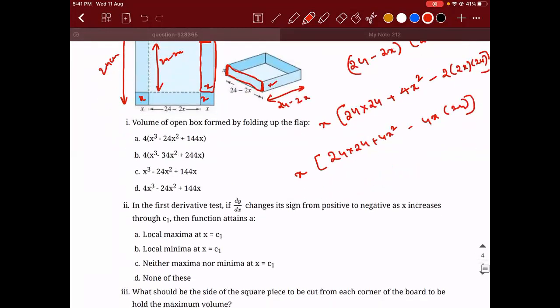So if I take that 4 outside, what will I get? 4 into x cube minus 24x square plus 144x. Is there an option?